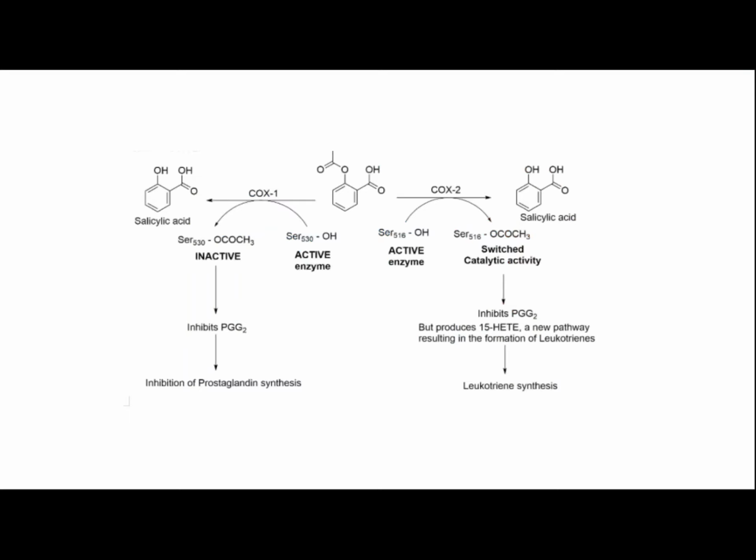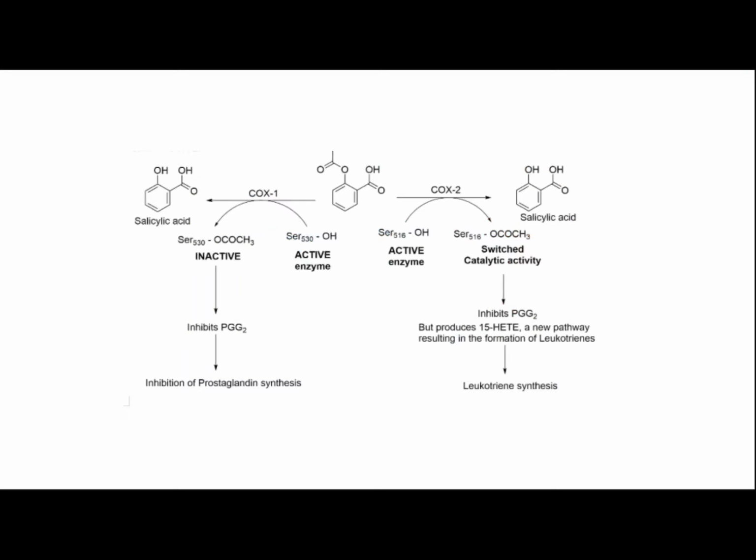So the aspirin acetylates the serine amino acid residue that is present in the active site of cyclooxygenase enzyme, which is COX-1 and COX-2. And aspirin is mostly a non-selective inhibitor, but it mostly inhibits the COX-1 more than COX-2.